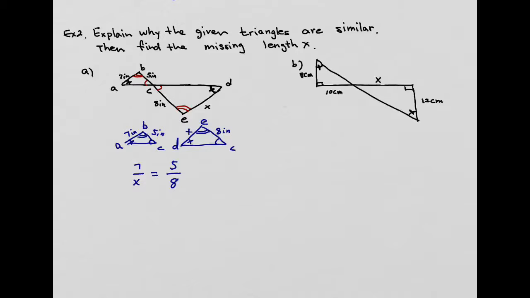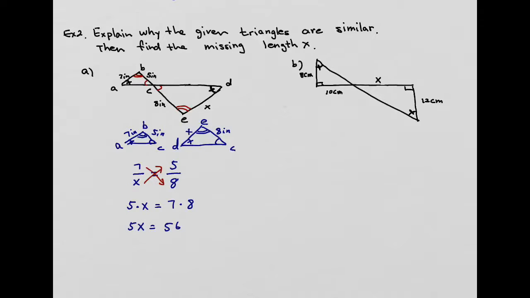Then we use the cross multiplication to get rid of the fractions. So we will have 5 times x equals 7 times 8, which gives 5x equals 56.